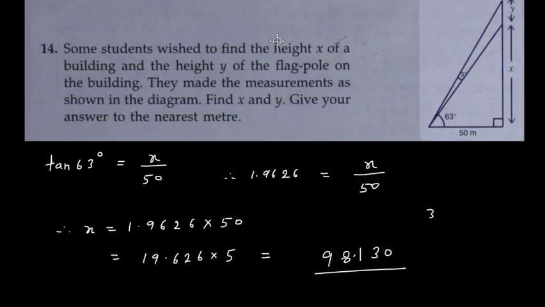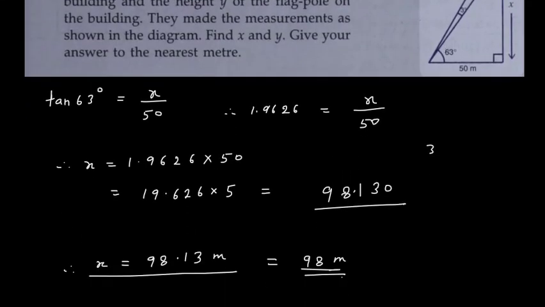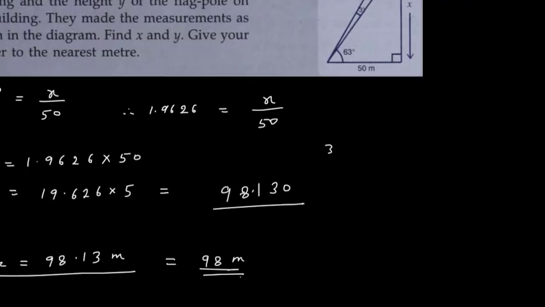So let us try to find tan of 66 degree. Tangent of 66 degree is equal to x plus y divided by 50.